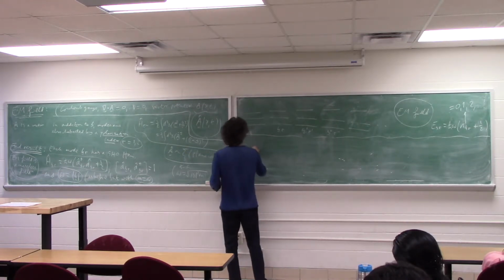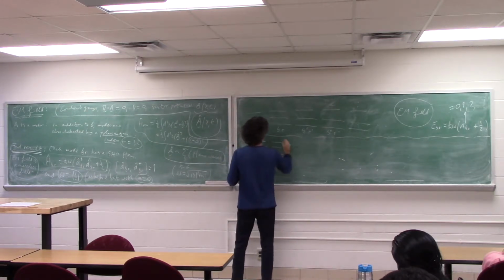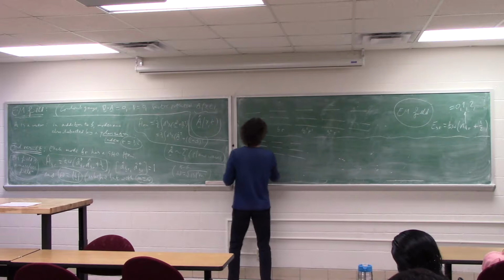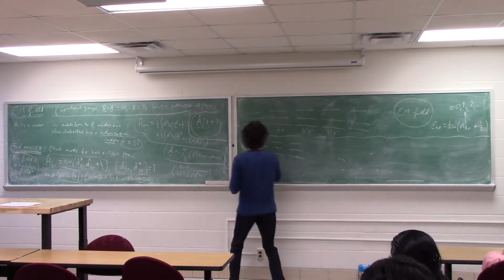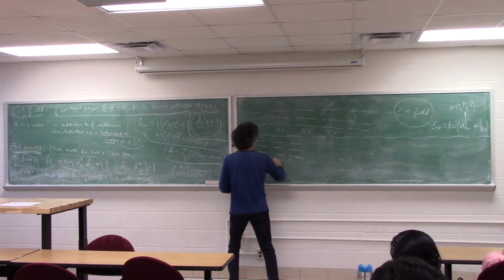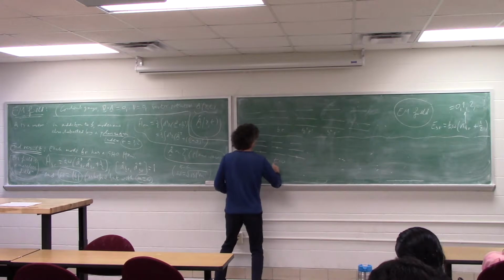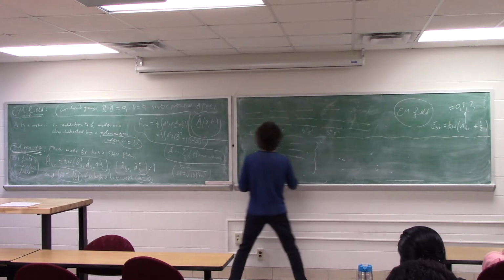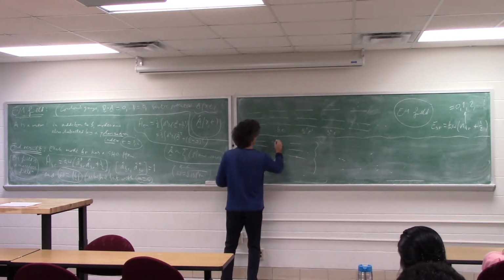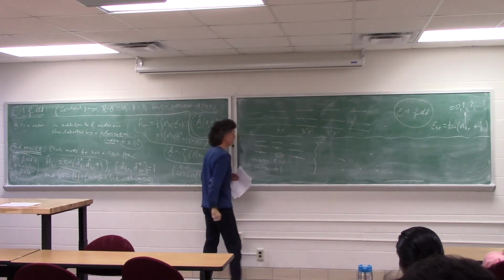If I have this sort of thing, with one mode excited and the others in the ground state, I have energy h bar omega relative to the vacuum, and momentum h bar k. Here I have a mode, let's label it Kr, the mode Kr.